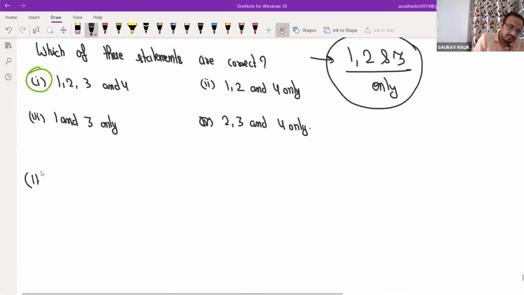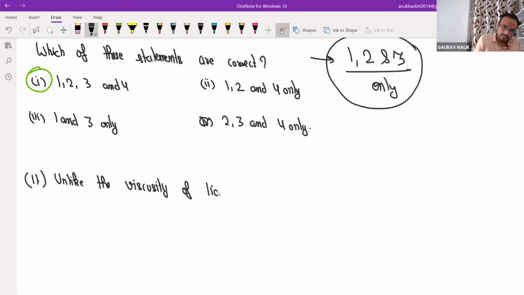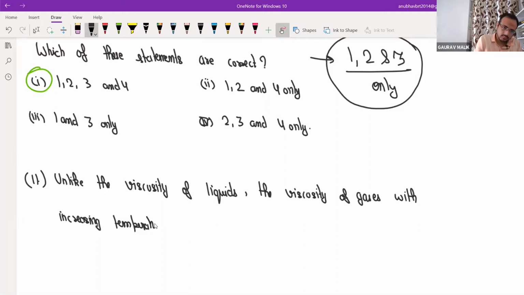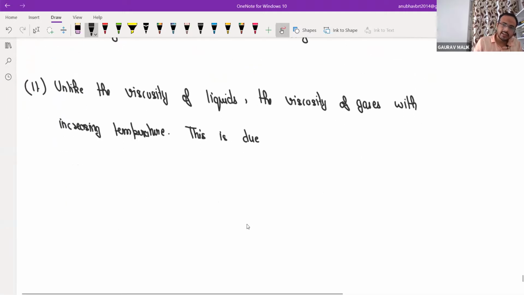Question number 11. Unlike the viscosity of liquids, the viscosity of gases increases with increasing temperature, and this is due to... I need a correct answer from each and every student.